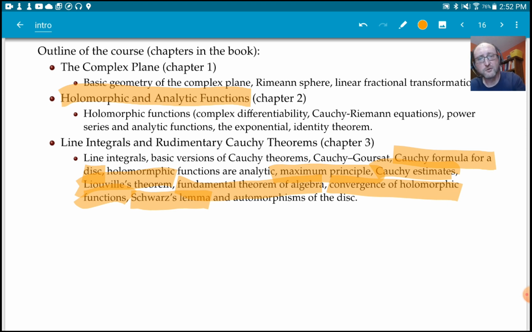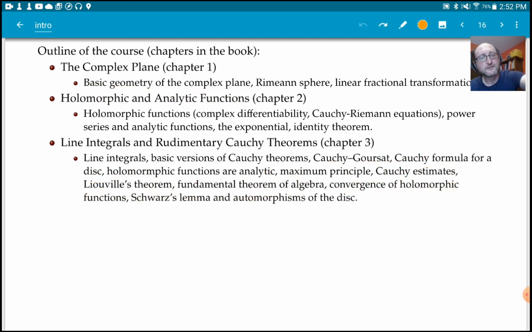One of the basic consequences is to look at automorphisms of the disk. Those are really all consequences of the maximum principle. Automorphisms of the disk, we're going to see, are actually just these nice linear fractional transformations. And so this is basically looking at hyperbolic geometry in a very basic way.